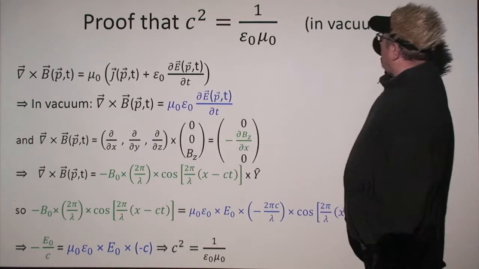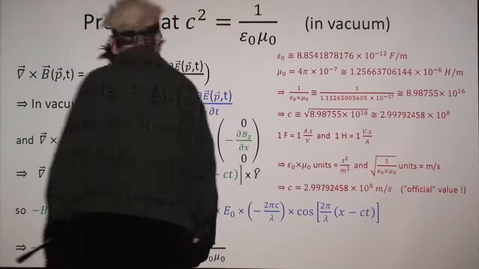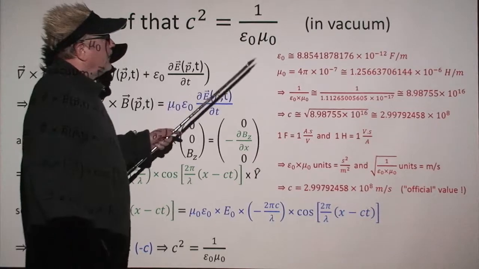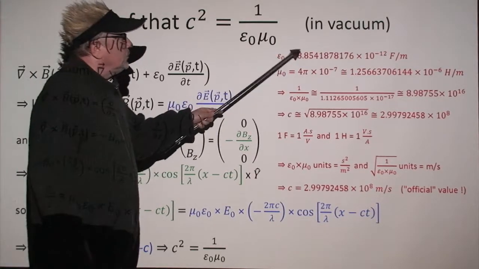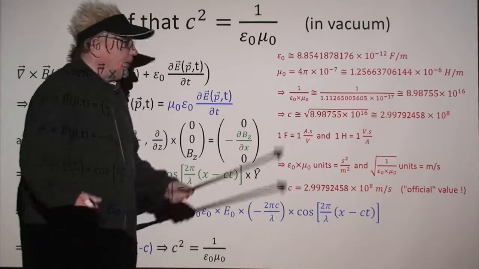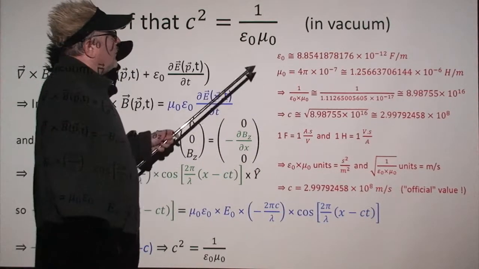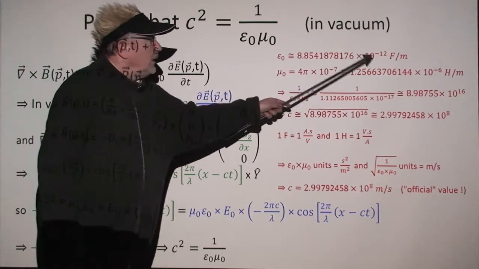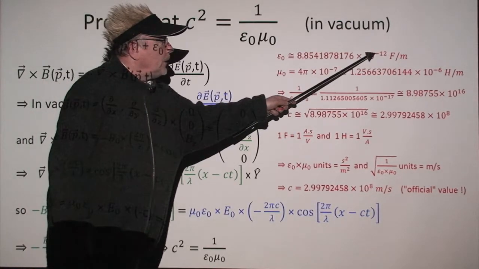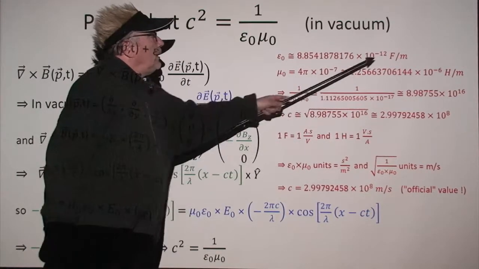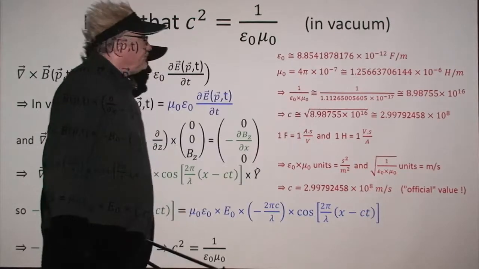Anyway, for fun, we can also have a look at the values of these constants. I'll let you find on the internet why these are the values, if you want. For the electric permittivity, that's 8.8 something times 10 to the power minus 12, so it's very, very small, farad per meter.